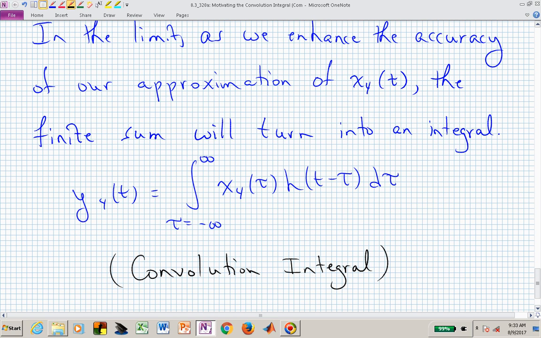Now we're simply scaling or weighting the impulse response at shifted values of time to produce what the actual output is in response to a particular given input waveform, which we're calling x sub 4. That's the intuitive idea behind the convolution integral. Now what we want to work on is evaluating that integral.